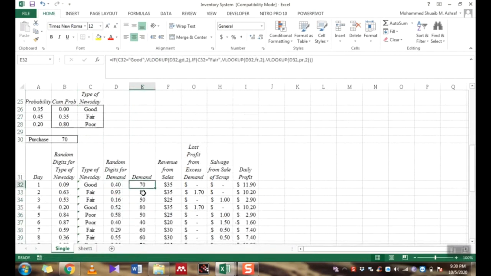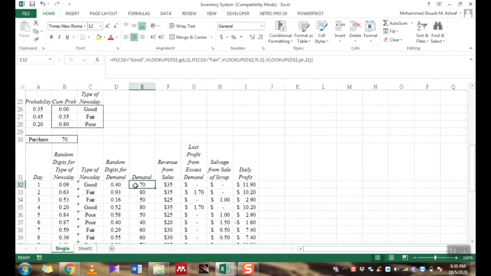Now I will compute the demand. I will compute the demand for day 1 with this random value. Okay. So let's see. News day is good and the random digit for demand is 0.40. Now what will I do?